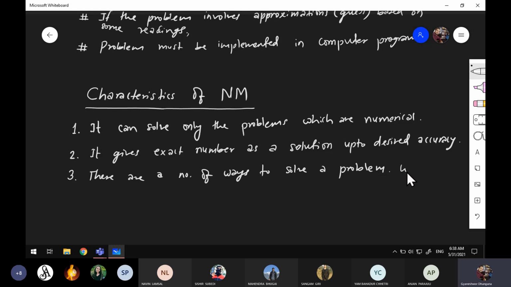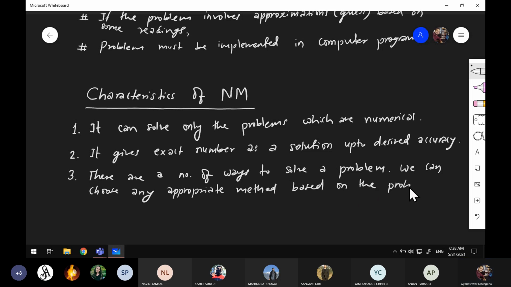We can choose any appropriate method based on the problem. Looking at the problem, we can choose one of the different methods.